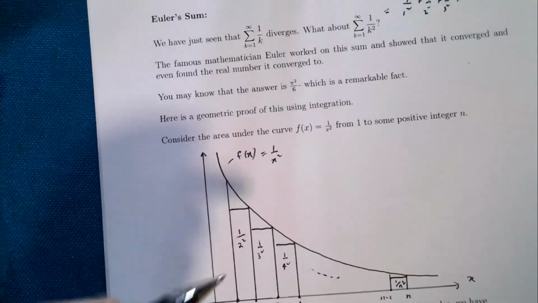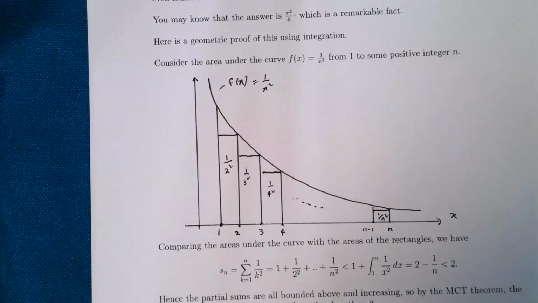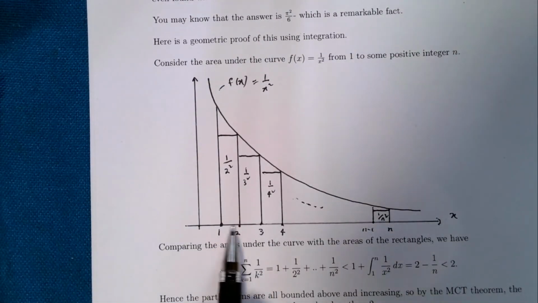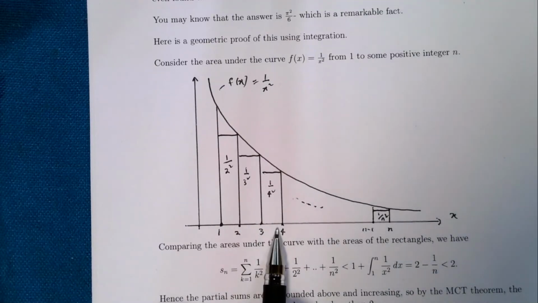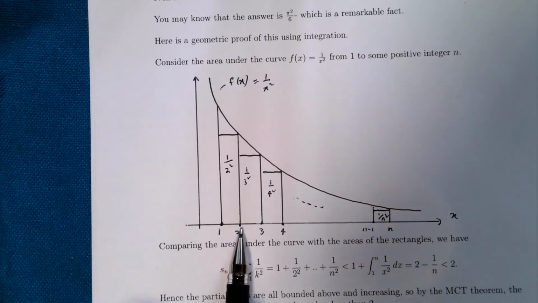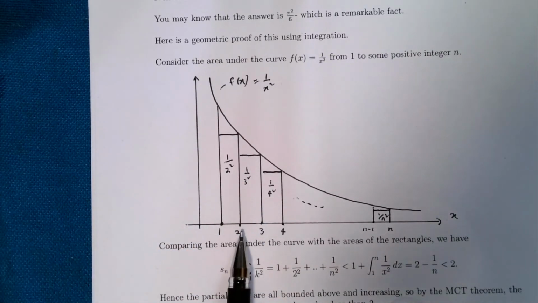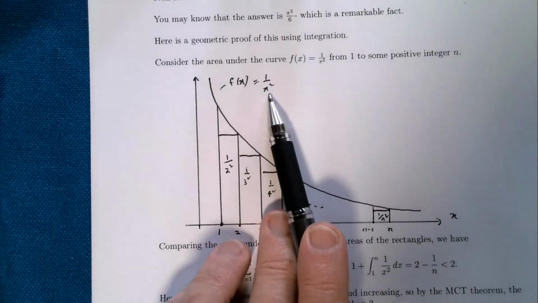And I'm going to work out the area of each of these rectangles. The width of each of these rectangles is 1. Wherever you go, the width is always 1. Now, what's the height of the rectangle? Well, this rectangle I've drawn like this, so the height is evaluated at 2. So I put 2 into the function, and I get 1 on 2 squared.